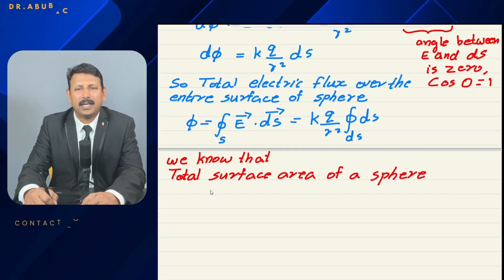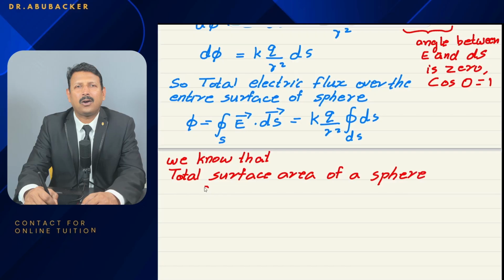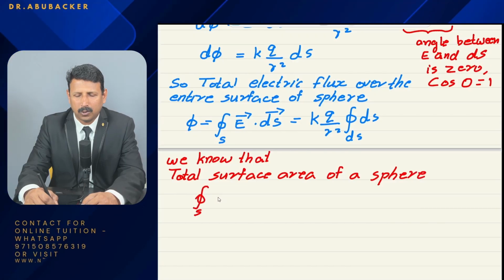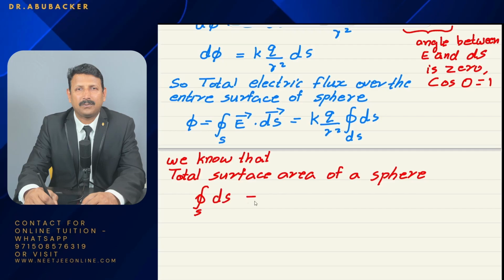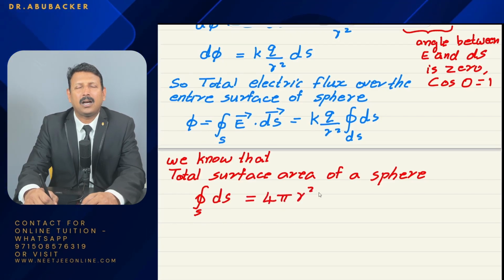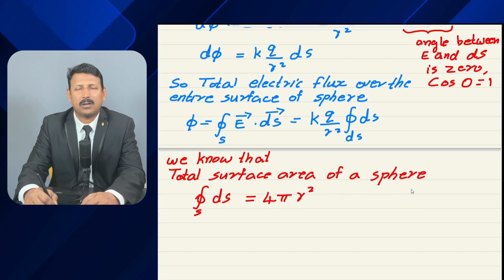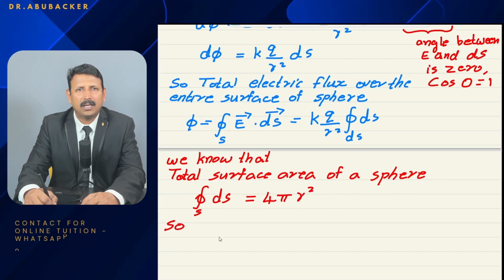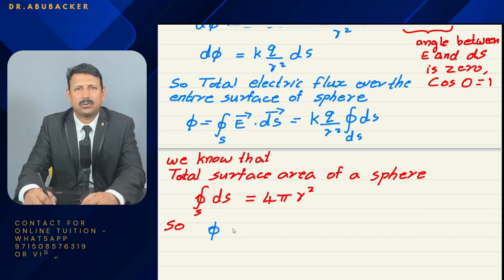Integral ds means the total surface area of the sphere. ds is a small portion of the area of the spherical body, okay. So the total surface area of the sphere is 4 pi r square. So here integral ds is 4 pi r square.